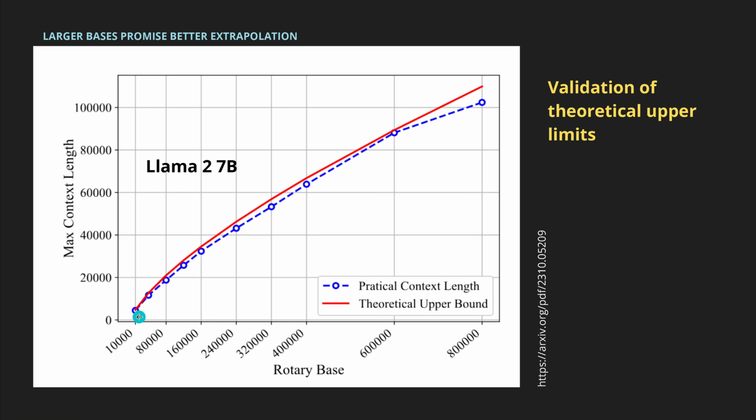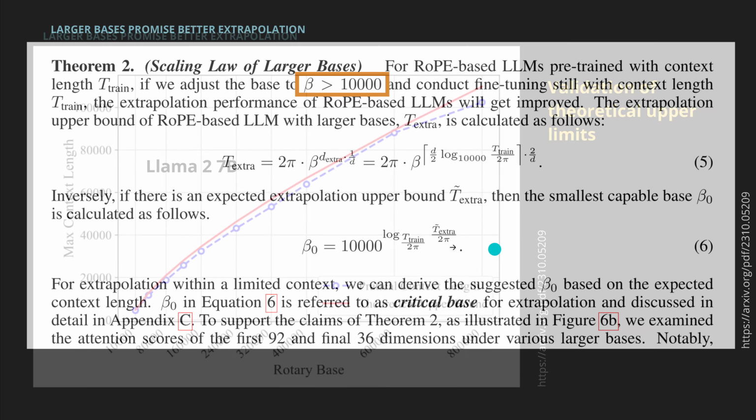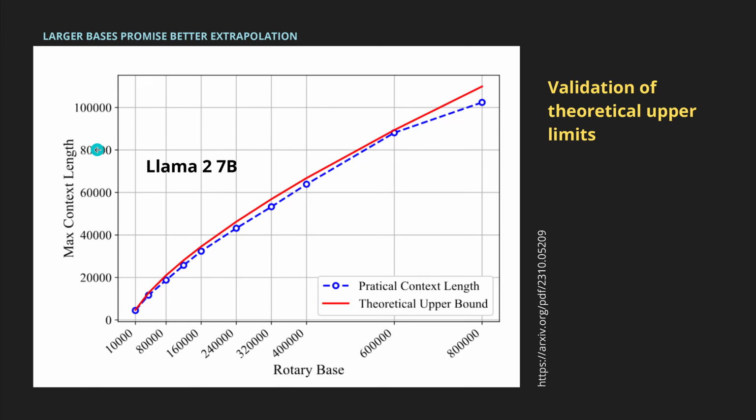We start with 10K and we go to 800,000 as a base value. And here we have the max context length from 20K, 40K, 60K, 80K, 100K, 100,000 tokens. And you see we have a beautiful validation of our theory by our real-world example of Llama 2 7B.